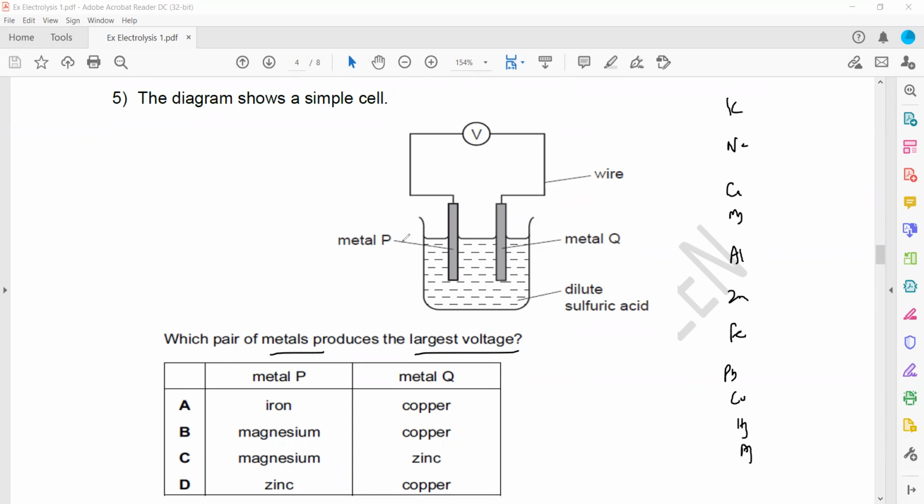So when we check iron and copper, magnesium and copper, magnesium and zinc, and copper. So magnesium and copper has the greater difference in reactivity compared to others. So that's why B will be the right answer.